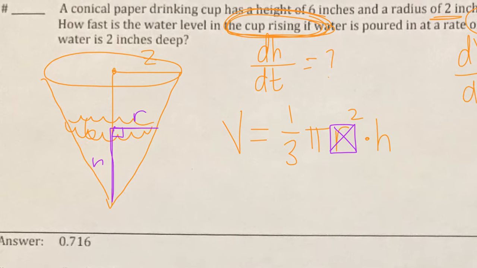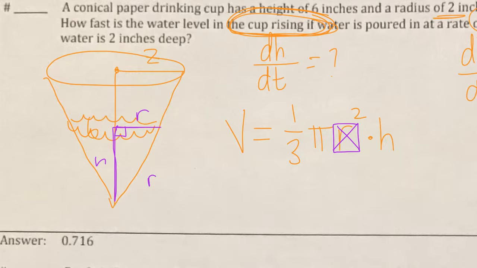This is where we come to our triangles, right? We have a proportional relationship between the radius and the height. The radius compared to the height will always be 2 to 6 because that's our maximum radius compared to our maximum height. So we want to solve this equation for r because we want to replace it over here.